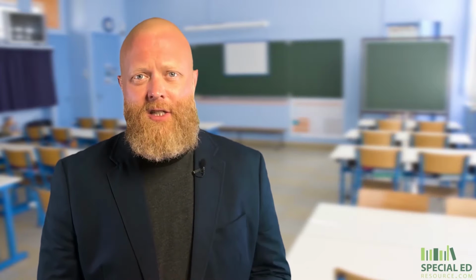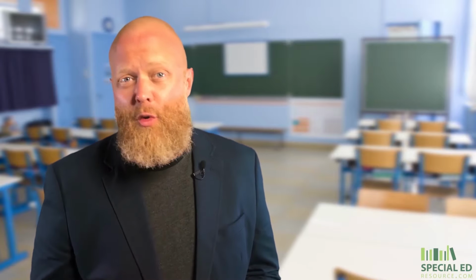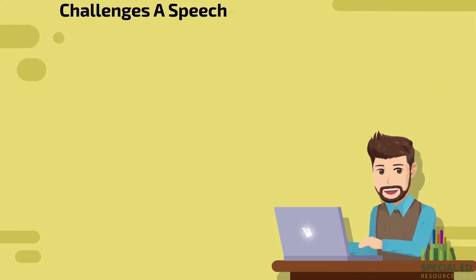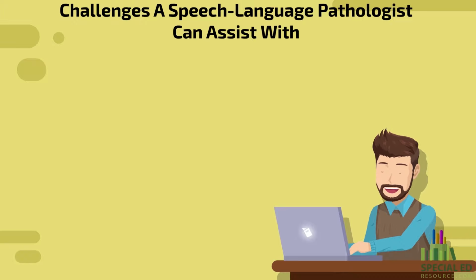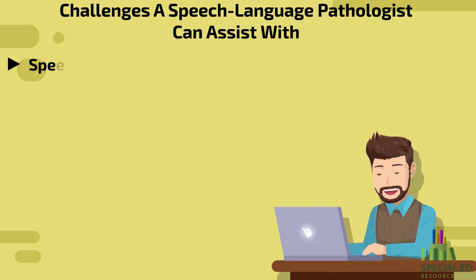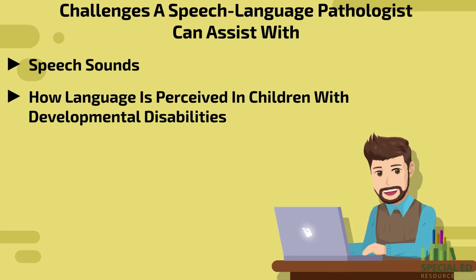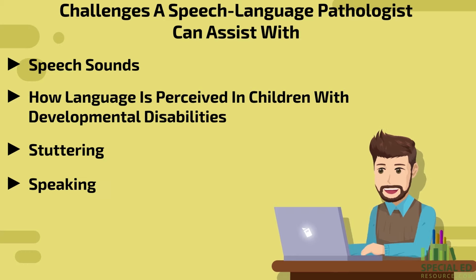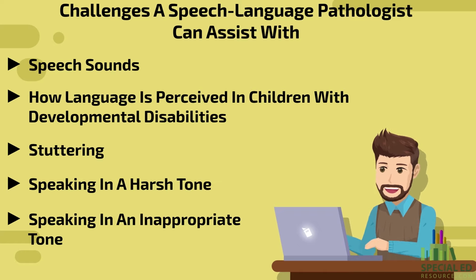Related specifically to speech, an SLP can help with almost any challenge your child or you may have. Let's discuss the challenges a speech-language pathologist can assist with. Speech sounds, how language is perceived in children with developmental disabilities. Stuttering, speaking in a harsh tone or speaking in an appropriate tone.